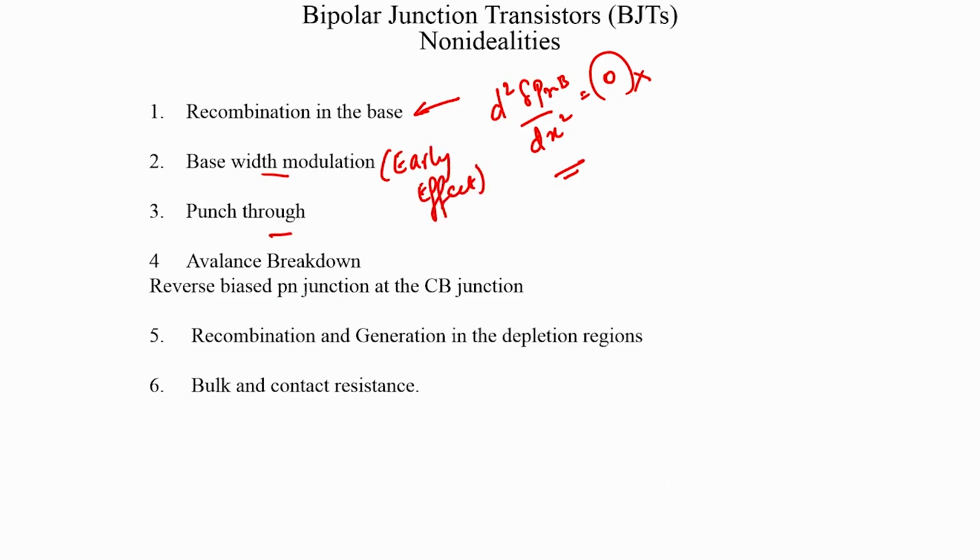The third again has to do with the width of the base and something called punch through in a BJT. I will talk about that. And the fourth is the avalanche breakdown, which we discussed in the case of PN junction diodes, but in the case of the BJT, it is the heavily reverse biased collector base junction that could experience an avalanche breakdown. And then in the case of the PN junction diode, we looked at non-idealities like the recombination and generation mechanisms in the depletion region.